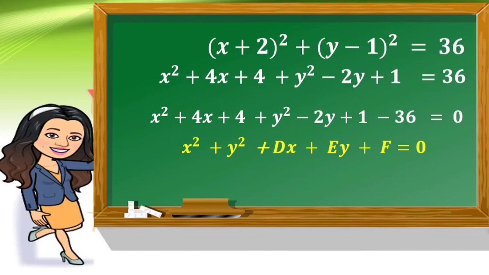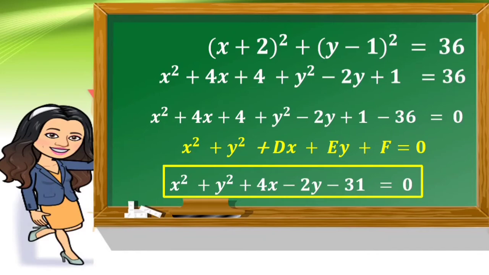The fourth term is the term that contains the variable y, and that is -2y. And f here is the constant term. Let us simplify 4 plus 1 minus 36. Then therefore, this is now equal to x squared plus y squared plus 4x minus 2y minus 31 is equal to 0. So this is the general form of the equation of the circle.